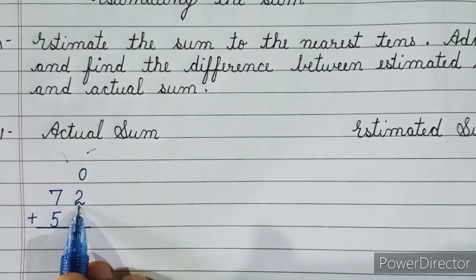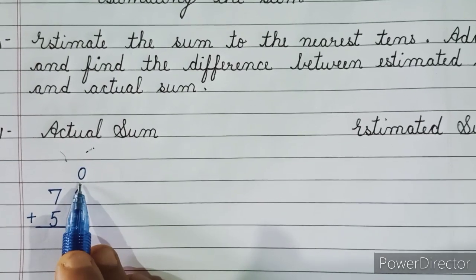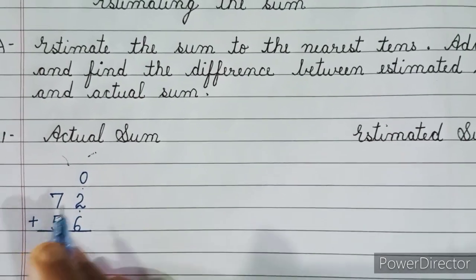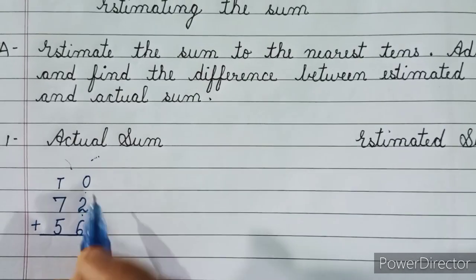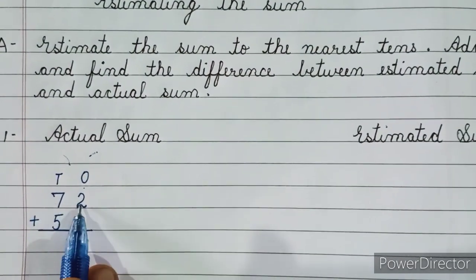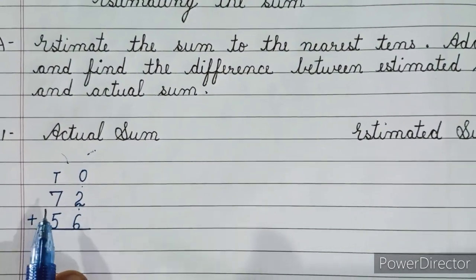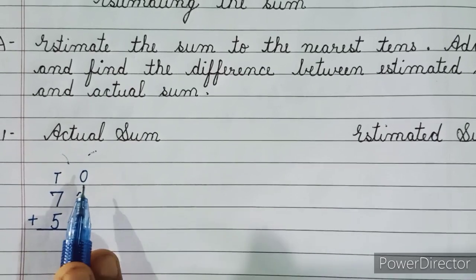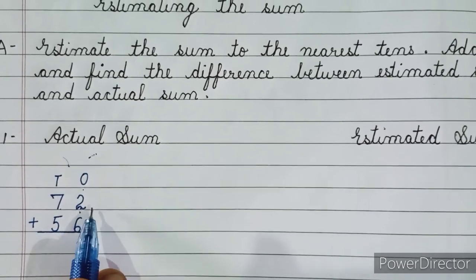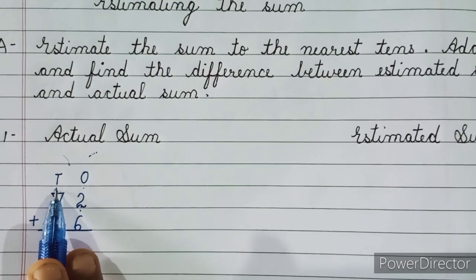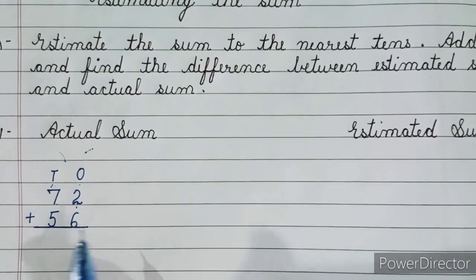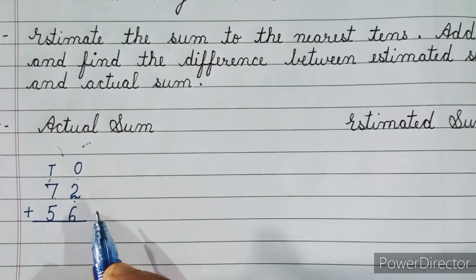If the number is more than 5 at the ones place, then one number is increased at the tens place. But if it is less than 5, then there will be no change at the tens place. Okay? Write it like that.